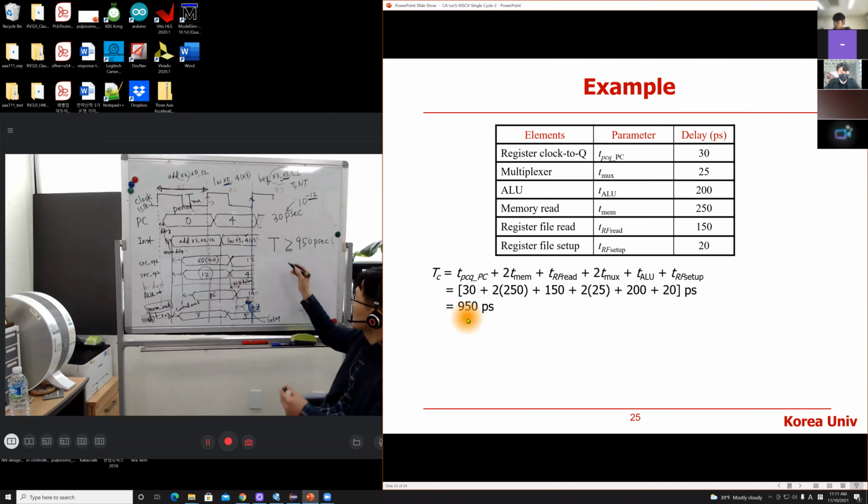If T is less than this number, what would happen? Let's say T is 800 picoseconds.